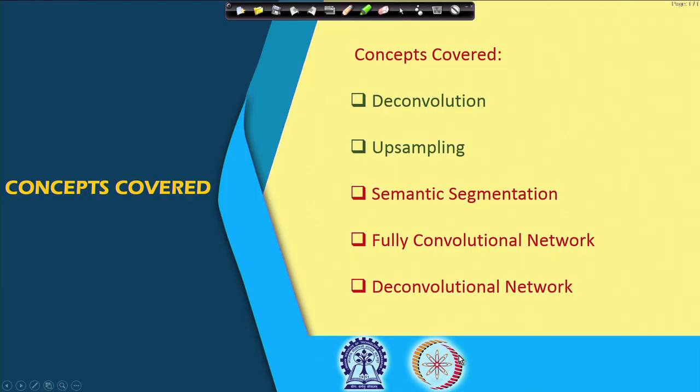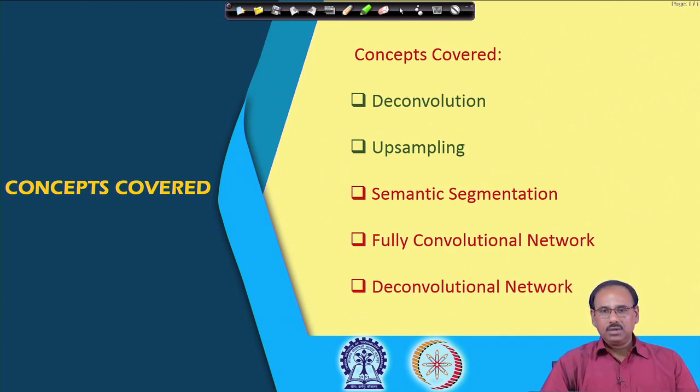So, in today's lecture, we will talk about the semantic segmentation problem, and we will try to discuss two particular approaches for semantic segmentation. One of them is called fully convolutional network based semantic segmentation, and the other one is deconvolutional network based semantic segmentation.